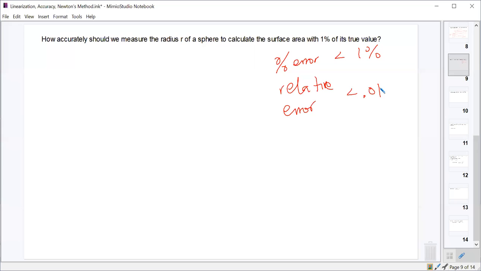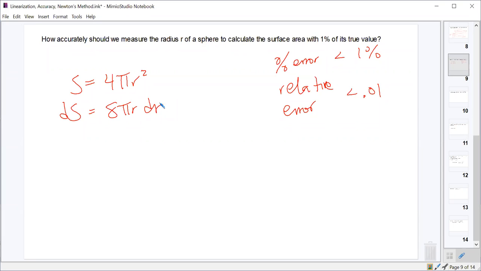Good. All right. So now let's actually work with the surface area a little bit. The surface area we know is 4 pi r squared. That would tell us that ds, the error on the surface area, should be 8 pi r dr. We're looking at how accurately we should measure the radius, which means we're really looking for a dr value. But we're given a relative error on the surface area of less than 0.01.